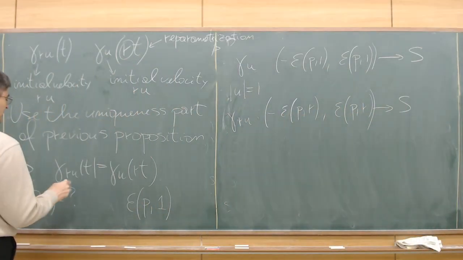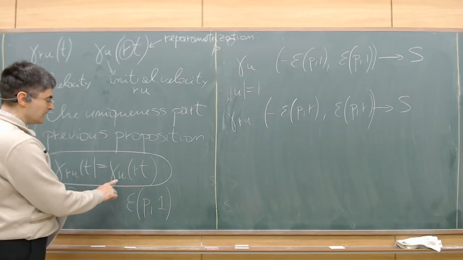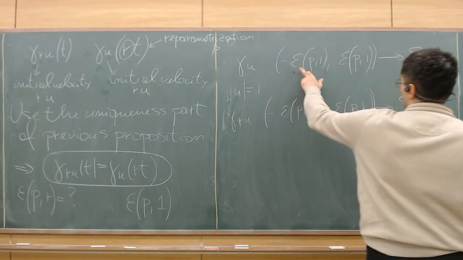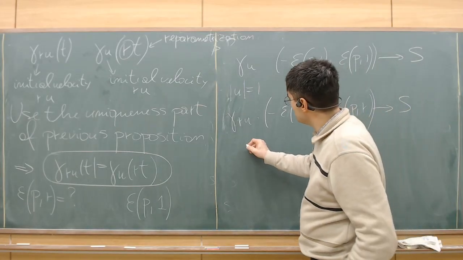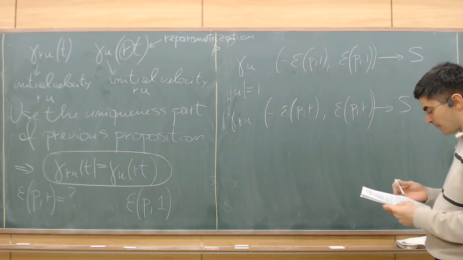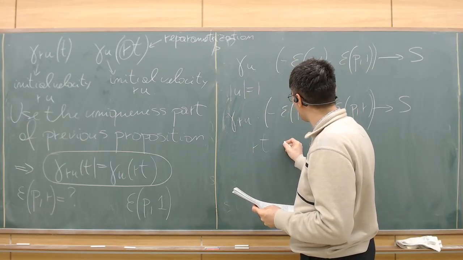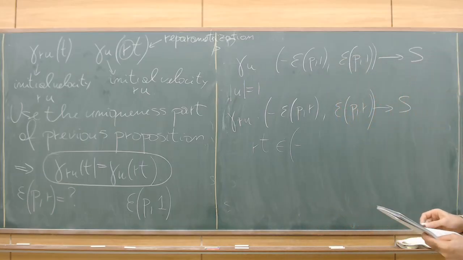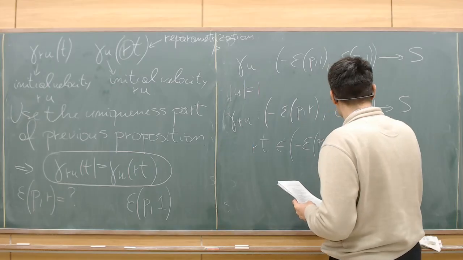So since we have this relation, if gamma U is defined on minus epsilon P1, epsilon P1, this means that RT belongs to minus epsilon P1, epsilon P1.